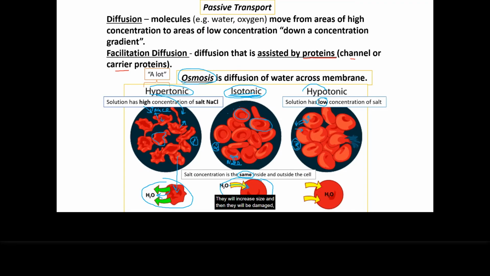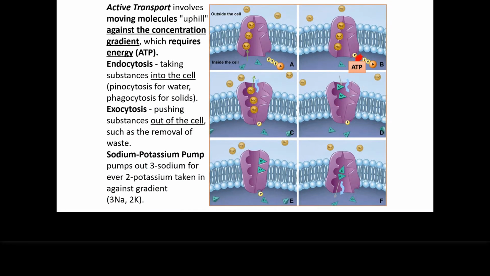The cells will increase in size and then be damaged, bursting completely. So this is what happens in the hypotonic solution, with water moving in. Again, osmosis means water moving across a membrane. And here are 3 different types of solution and what happens with the red blood cells.